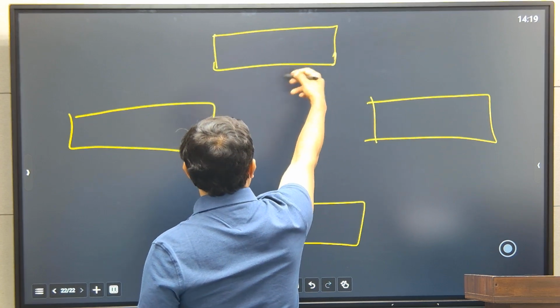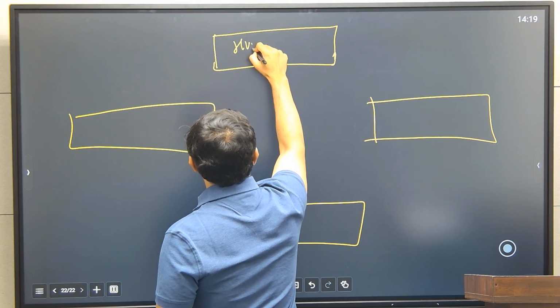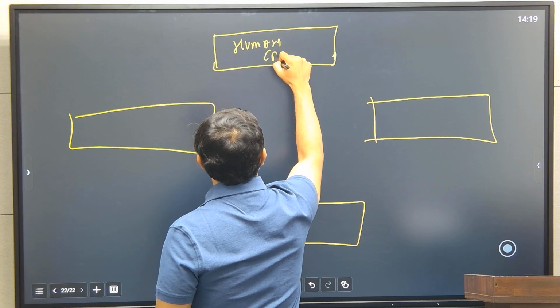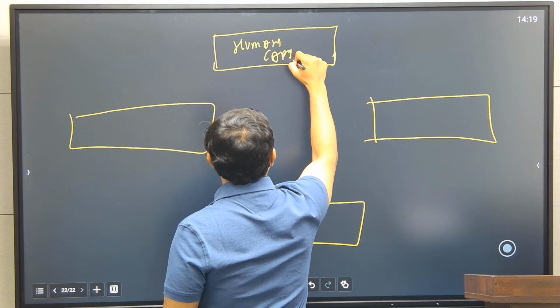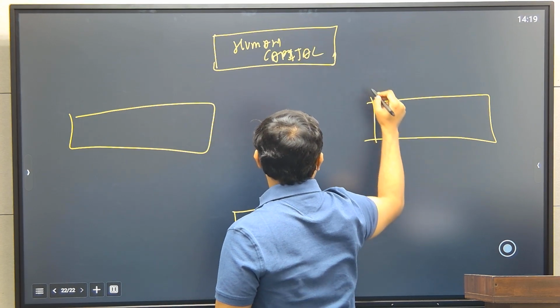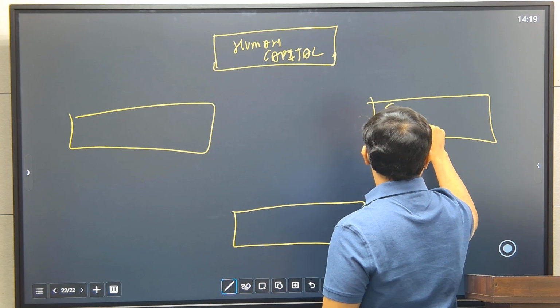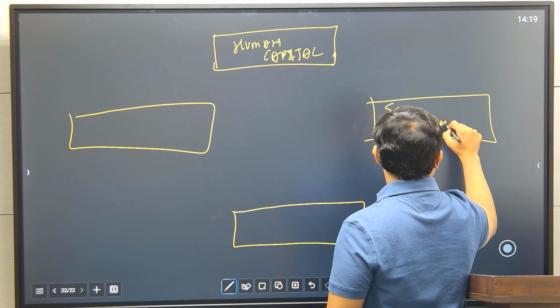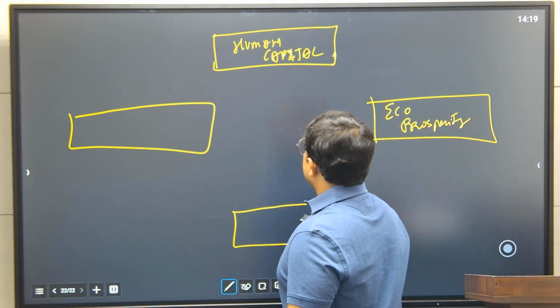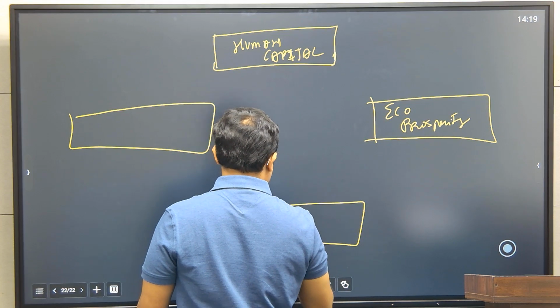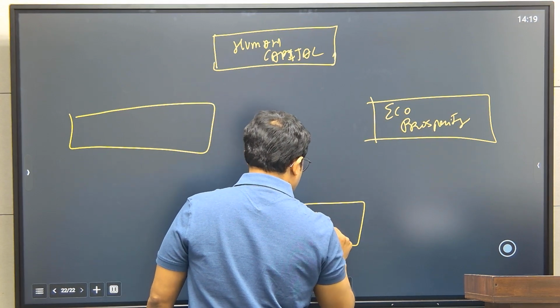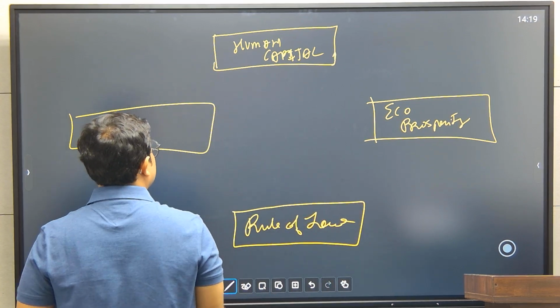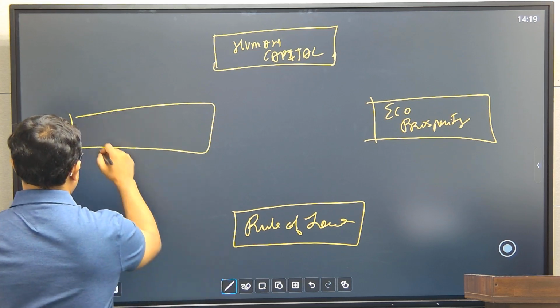Pragmatic neoliberal model of development: human capital, economic prosperity, rule of law, and rehab of the state.